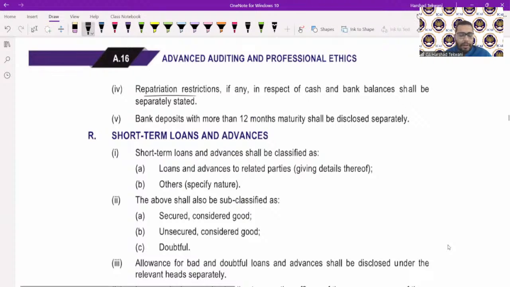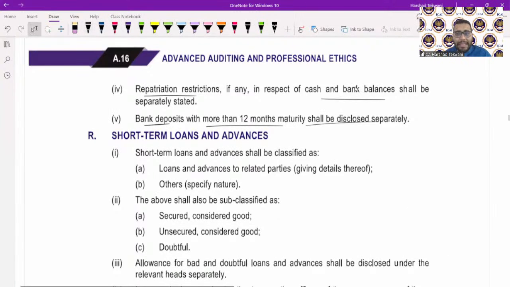Repatriation restrictions, if there are any, on any of the bank balances. Let's say I have a foreign currency bank account having foreign currency amount. If there are repatriation restrictions, for example, that for the next 6 months I will not be able to withdraw that amount from that account, I need to disclose that separately. Bank deposits with more than 12 months of maturity shall be disclosed separately.